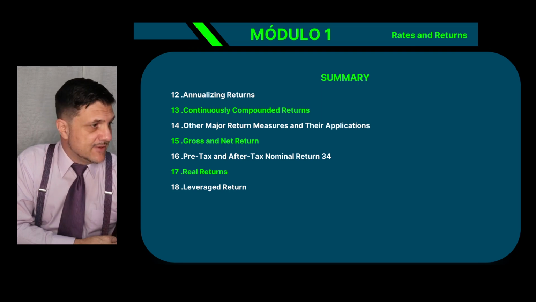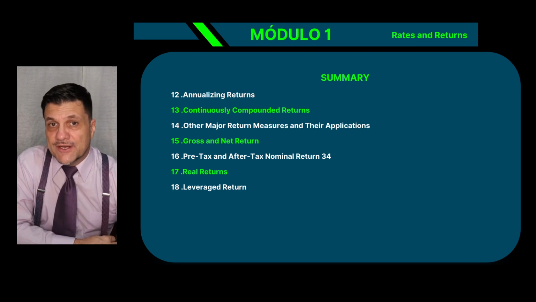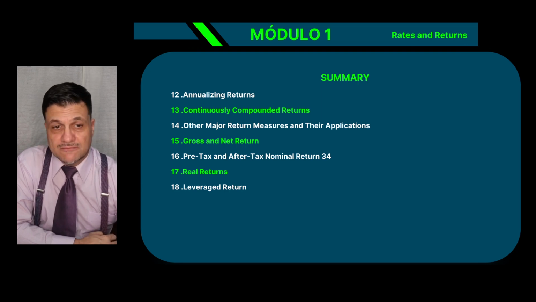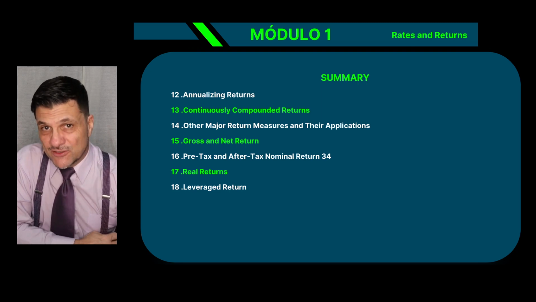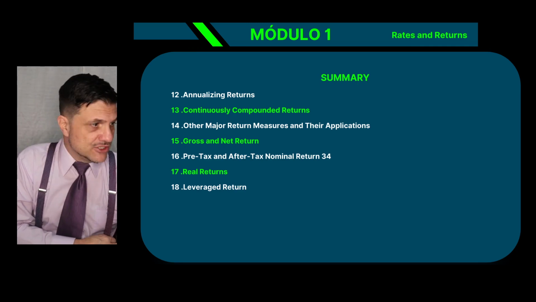And then you have the last one here, which is very important. It's called the leverage returns. Leverage return is the return you made when you don't put 100% of your money on that investment. You just put a portion, 10%, 20%. So how much return you made by investing only 10% of the total or 50% of the total? That's called leverage returns.